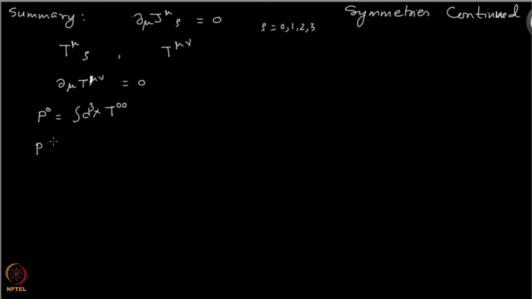And then we also had P I, where I could be 1, 2 or 3, and that is again the first index has to be 0. Why? Because it is the J 0 which gives you the conserved charge. So, the first index is the one which contracts with the del operator, so that is the index you have to put 0, and of course, the I index is the second index which labels which translation you are doing.